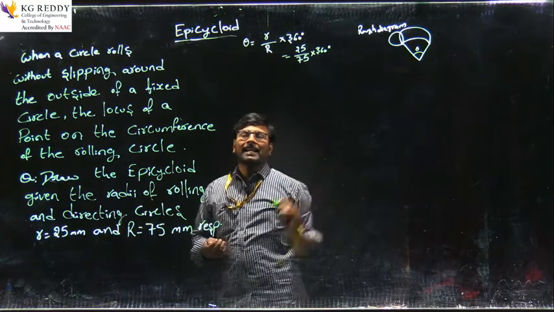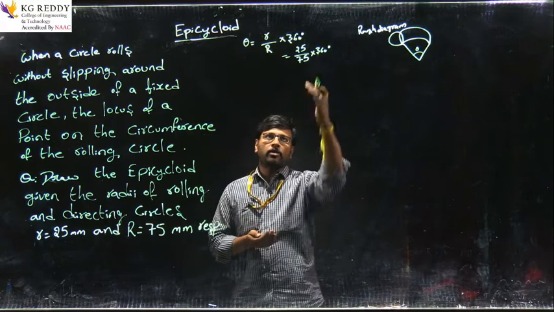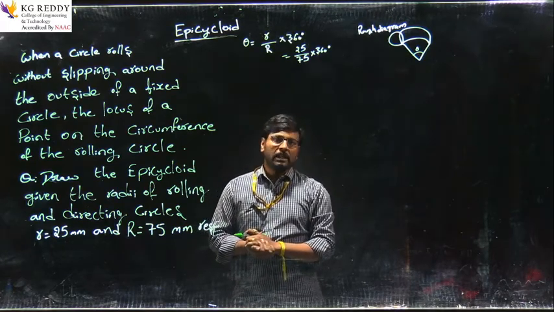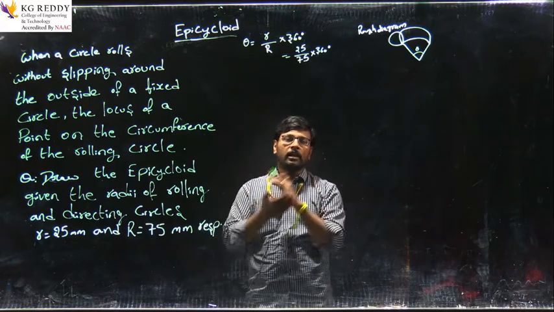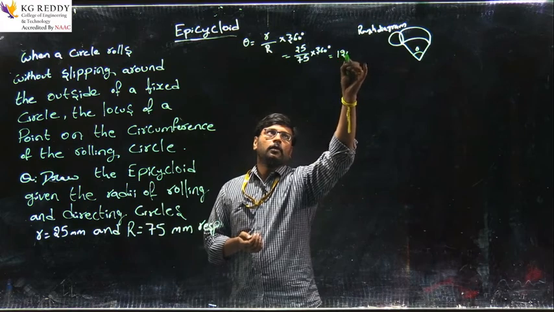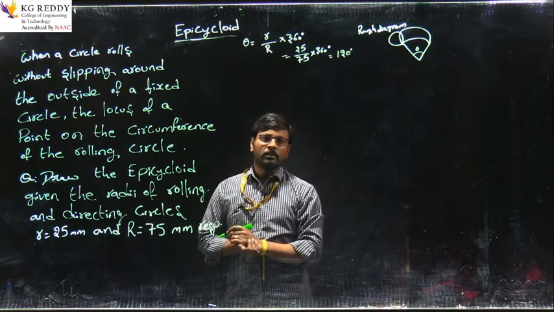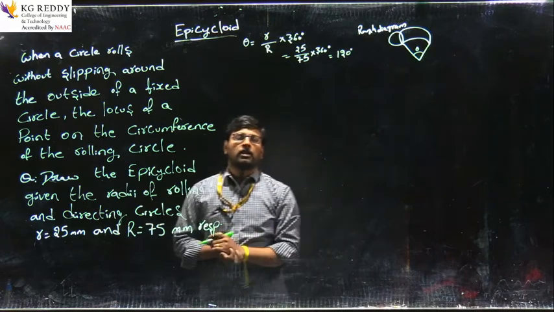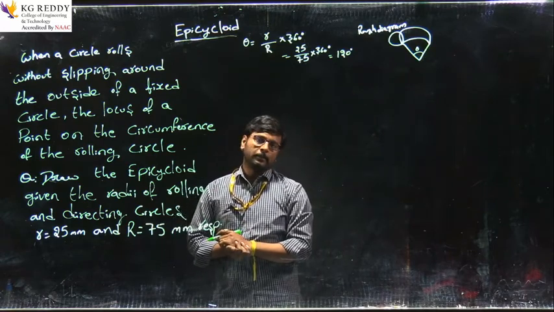Calculating 25 by 75 into 360 degrees, the angle we get finally is 120 degrees. So the angle theta between these two generators is 120 degrees.